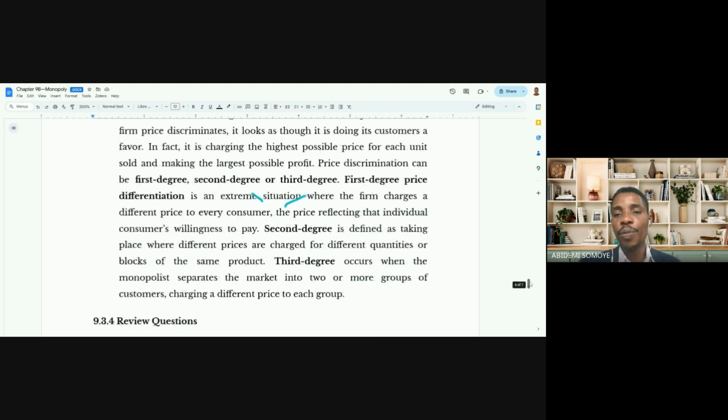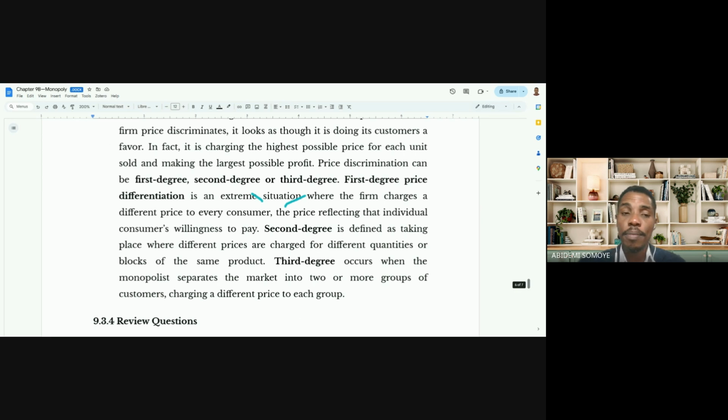First degree is an extreme situation where the firm charges a different price to every customer, the price reflecting that individual consumer's willingness to pay.